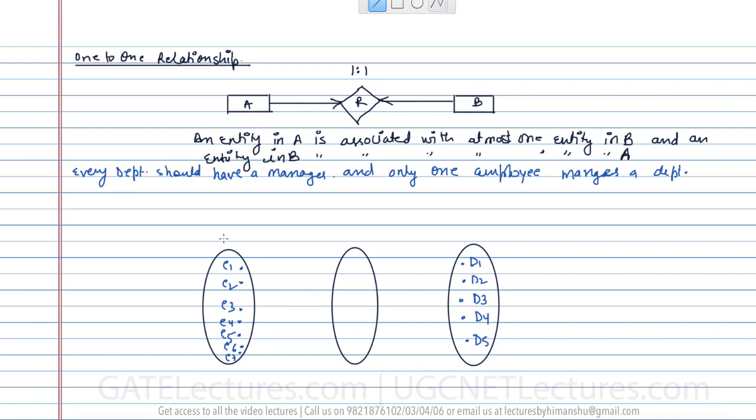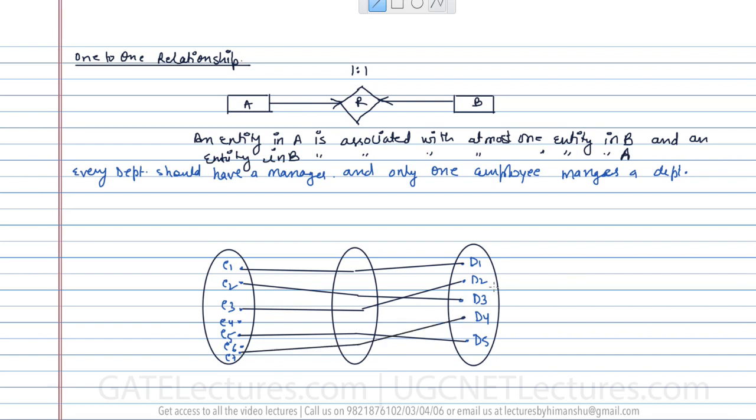The specific word is at most. At most means the maximum should be one, but it can be less than one. Here, assuming that employee E1 manages the department D1, employee E2 manages D3, employee E3 manages D2, employee E5 manages D5, and employee E7 manages D4.